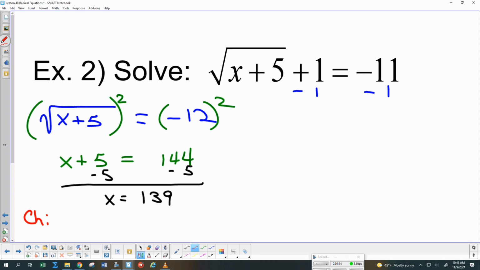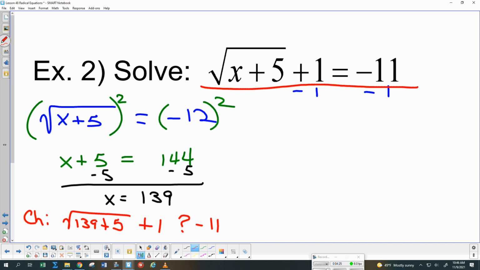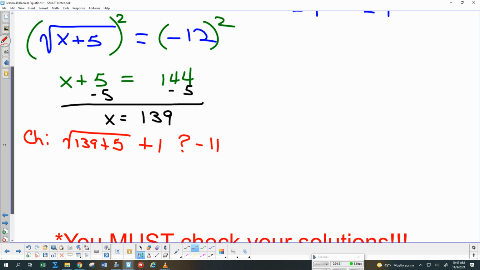And so we put 139 in there, plus 5, plus 1, and we want to see if that equals negative 11. And notice I came back here to the original, not to what I first wrote down on the board. That means we are looking at the square root of 144 plus 1.